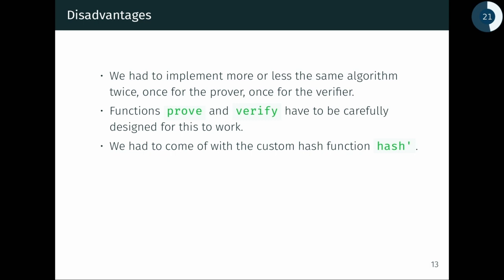And we had to come up with this hash prime. So we had to think, okay, left child, right child, we form this pair and then do the hash of that. So we couldn't just use the built-in hash or the hash coming from Kryptonite. We had to somehow modify it slightly.